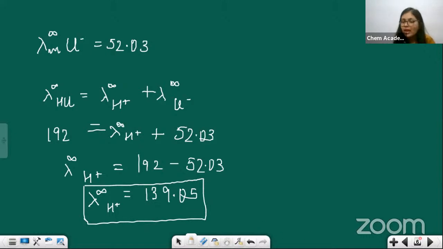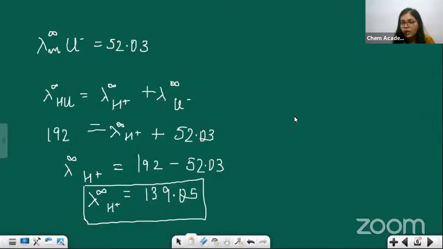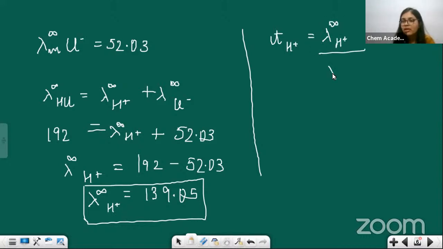Now, what do we have to finally calculate in this question? We have to calculate the transport number of H plus. Again, we will use the formula that we used in the case of Cl minus, but now we will use it for H plus. So the transport number of H plus is equal to the limiting molar conductance of H plus divided by the limiting molar conductance of HCl.